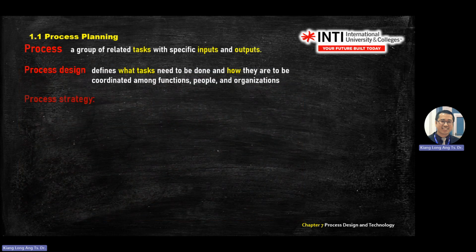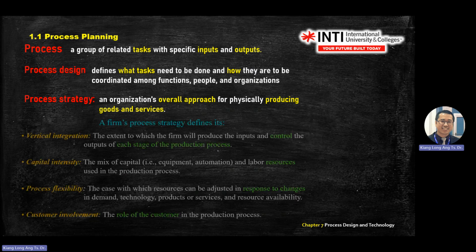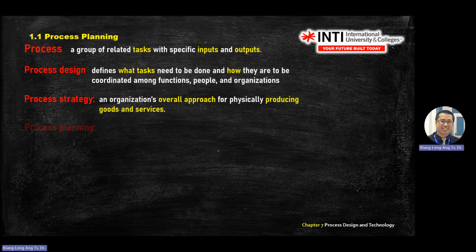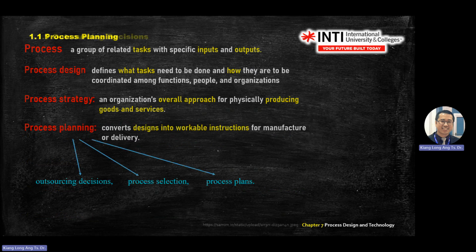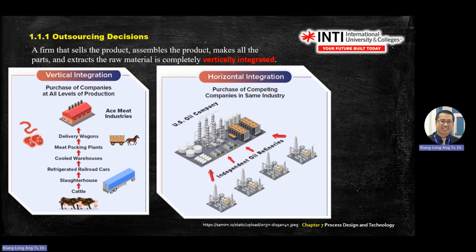Okay, all these definitions you read: process design, process strategies, vertical and so on. Lots of theory here. Okay, I want to highlight this one. When you integrate something, especially your technologies, on the left-hand side and right-hand side, vertical integration is about the outsourcing decision.